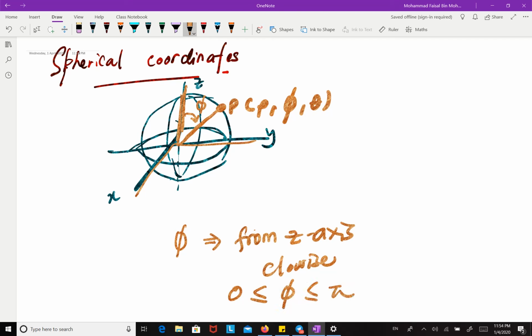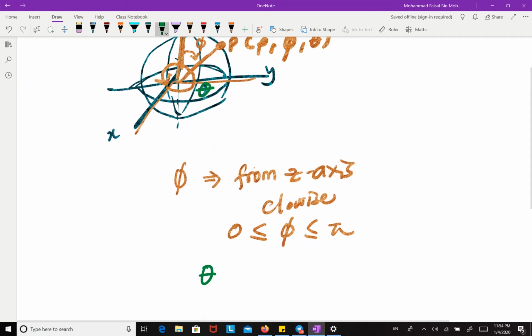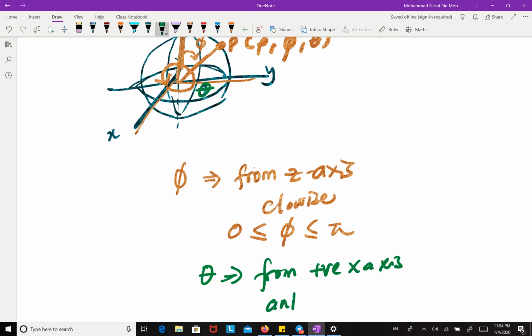Then we have theta. Theta should be from the positive x-axis. We call that the polar axis. So your theta is from the polar axis, or from the positive x-axis, in the anti-clockwise direction.